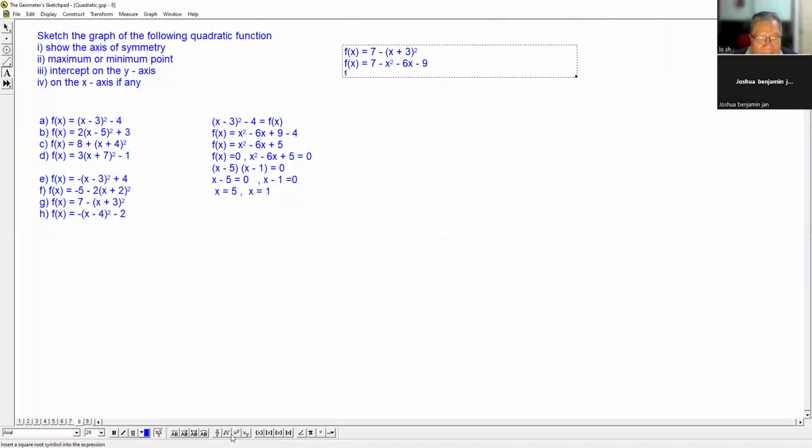So f(x) equals, now this one, positive 7, negative 9 is negative 2.